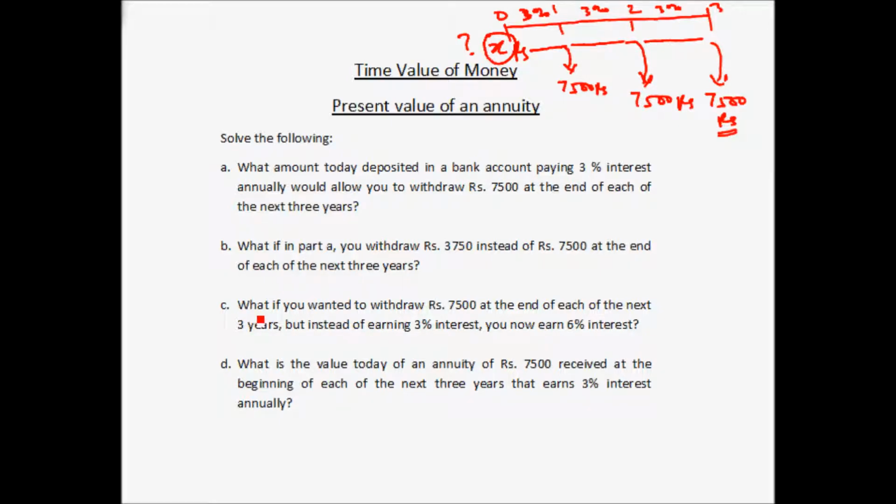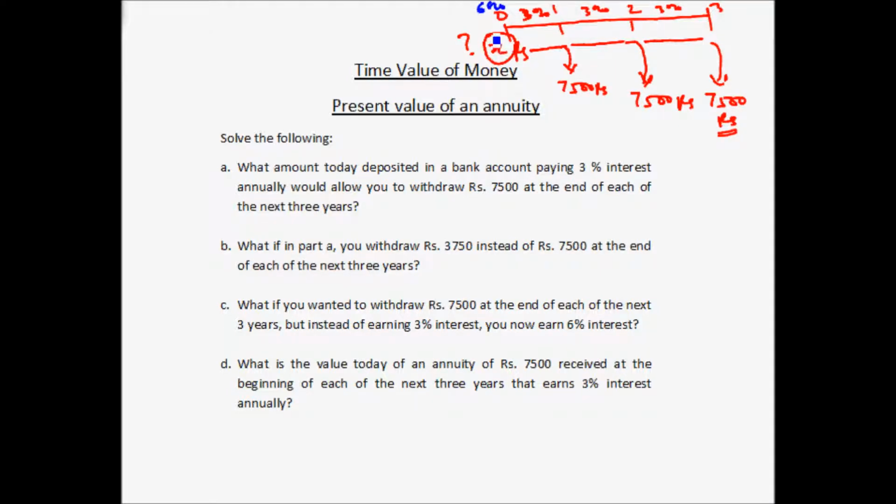Part C says, what if you wanted to withdraw rupees 7500 at the end of each of the next 3 years, but instead of earning 3% interest, you now earn 6% interest.